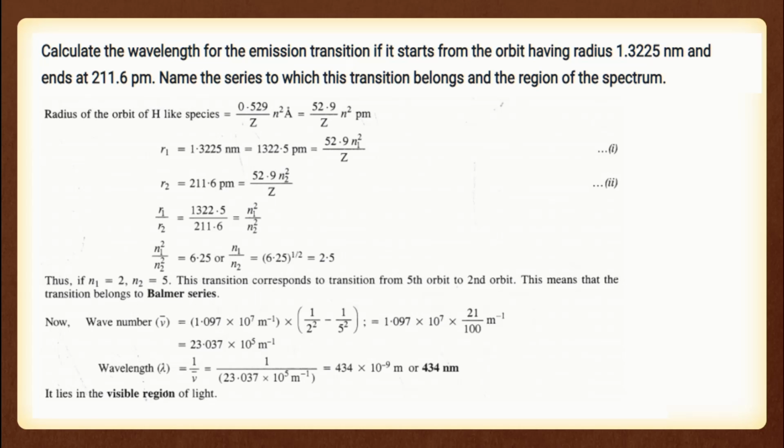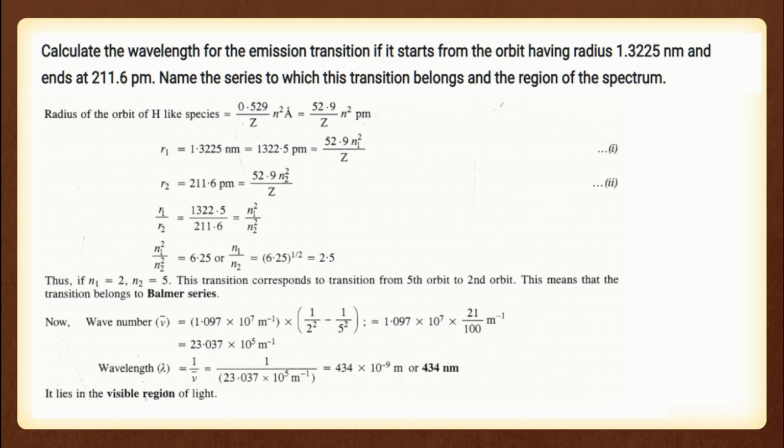Radius of the orbit of a hydrogen-like species is 0.529 n²/Z Angstrom, which is equal to 52.9 n²/Z picometers. R1 = 1.3225 nm = 1322.5 pm = 52.9 n1²/Z. R2 = 211.6 pm = 52.9 n2²/Z.